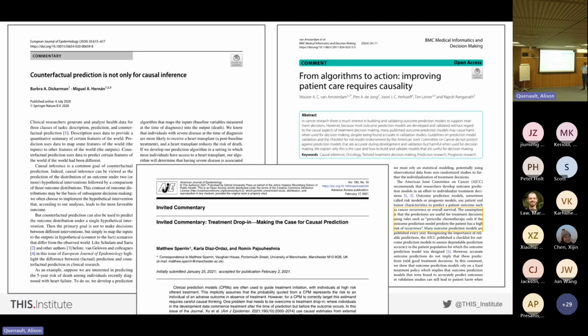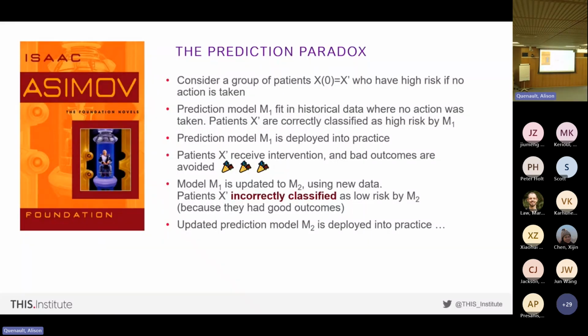We wrote a paper as well, and I thought it was better actually. But a couple of people have pointed out that prediction without considering causalities is not a very good idea. One of the arguments that has also been used is that if you don't do that, there's a risk that you run into what we've called the prediction paradox.